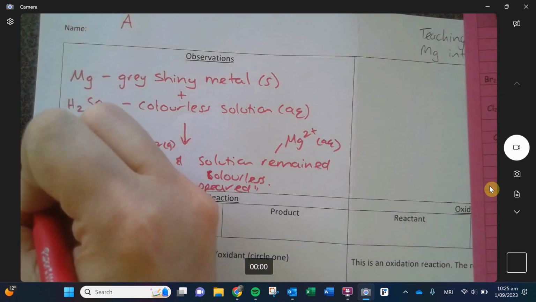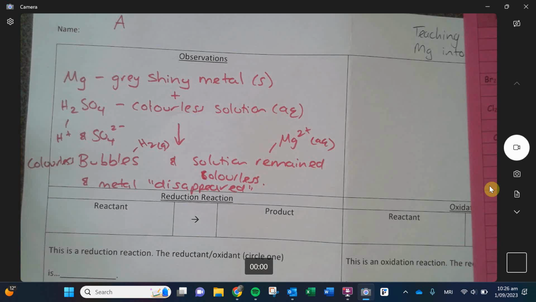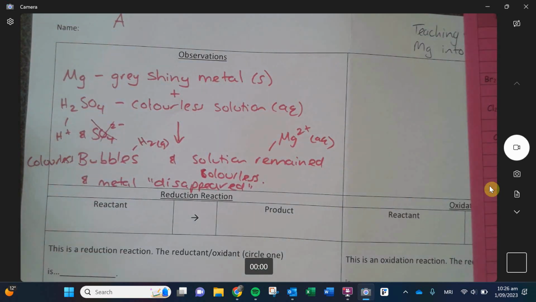And we should also write that as a colorless bubble as well. So what that tells me then is the sulfate is just an observer. Are we okay with how I got to that point? Only two things need to be involved in my reactions, and I've identified the two things. So that one doesn't matter. Cool. So the first thing we needed to do, our observations, is done.